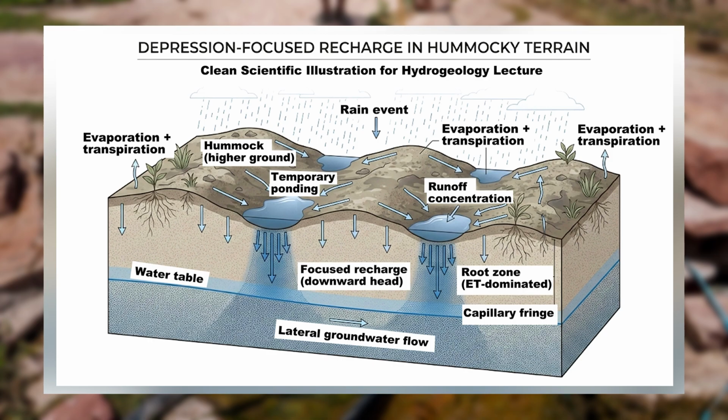By collecting in these small depressions, the water is concentrated in one spot. This creates a stronger downward push and allows water to soak in deep enough to escape evaporation and plant roots. Even if the surrounding higher ground is dry, these puddles act as localized injection points for recharge.